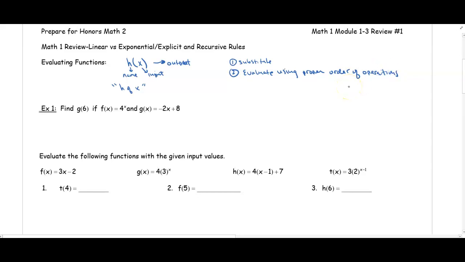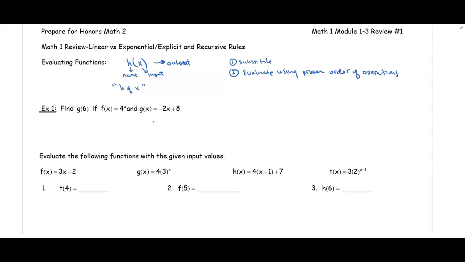The first one says find g of 6 if f of x equals 4 to the x and g of x equals negative 2x plus 8. One reason we name functions is that in junior high math they teach you y equals, y equals, y equals.